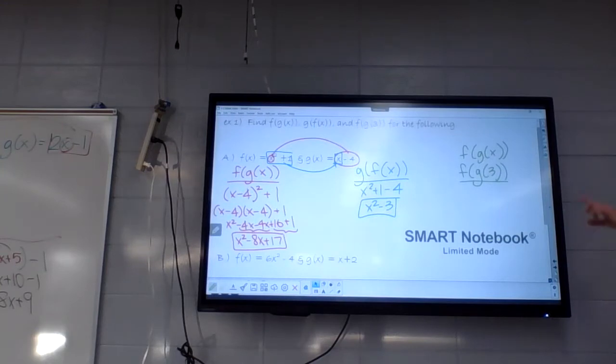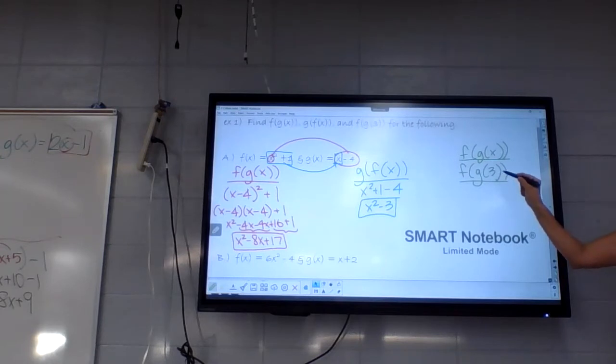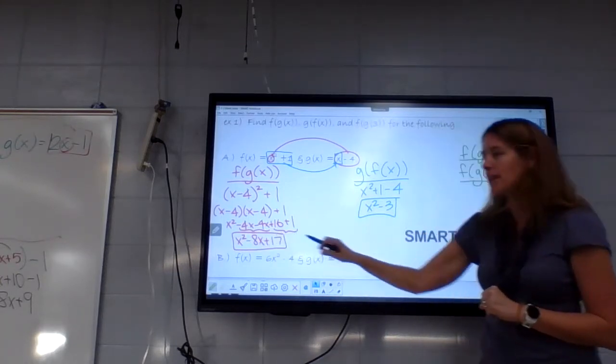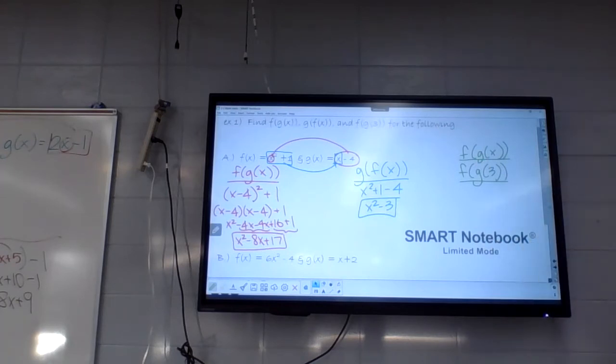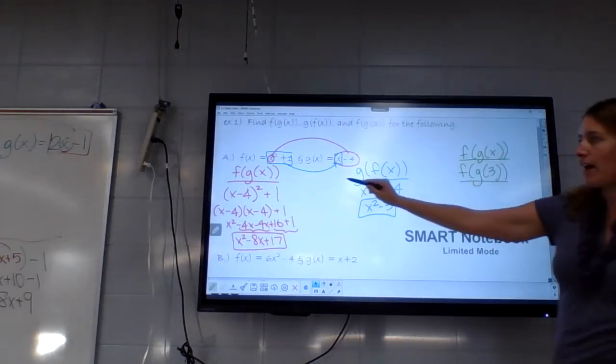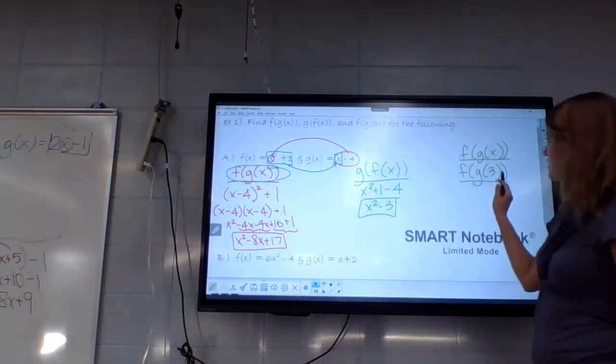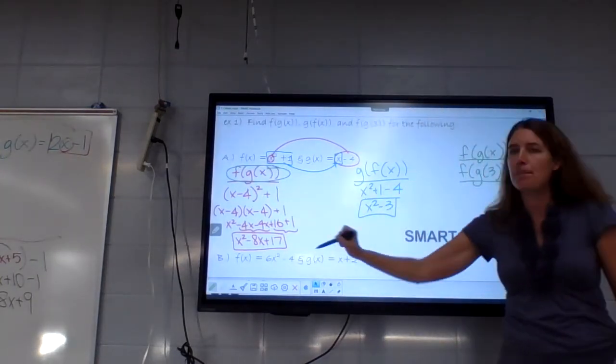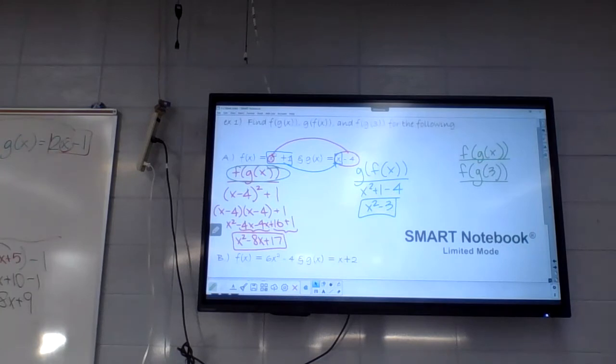So essentially, I have f of g of x. Do you see that? And I just replaced x with 3. So where can I replace 3? In which problem? The first one. Yeah, we can just take that 3 and put it back into that first one. We already have f of g of x right here. So they're just saying x is 3 in that big, complex problem, that composition that we had.